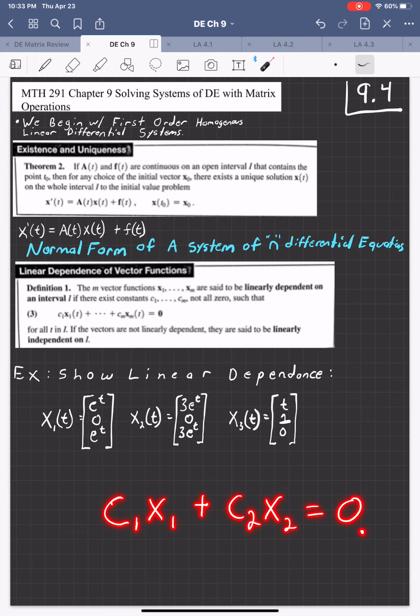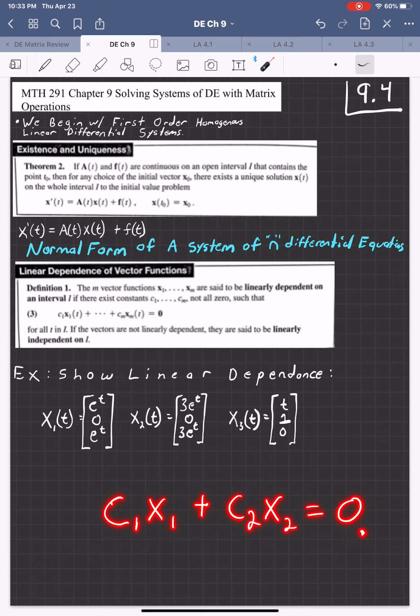The c's are scalars and the x's are vectors. If you recall, there was such a thing called a trivial solution. Meaning, if I just let my two scalars, c sub 1 and c sub 2, equal 0, then of course I have a true statement, right? You would have 0 scaled to any vector is still 0. So of course that would work.